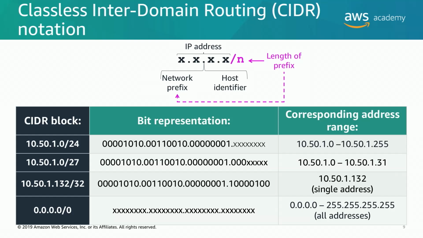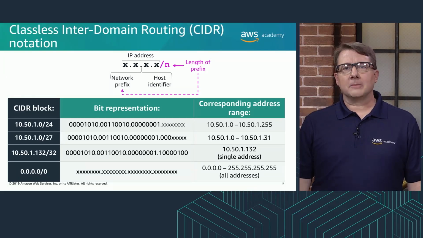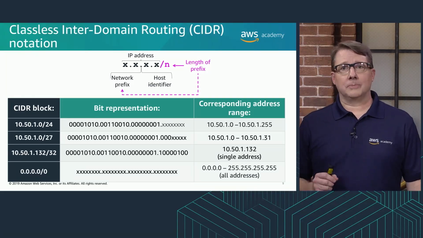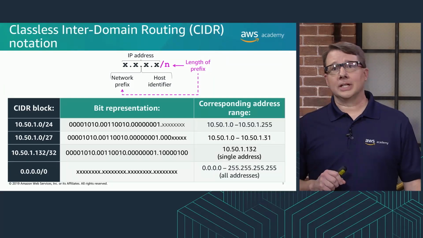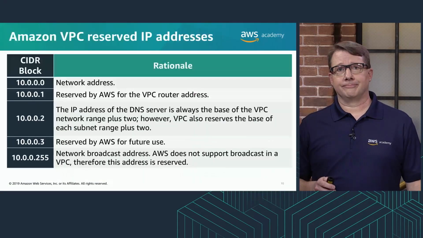In general, the larger the value of n, the smaller the range size becomes, which results in a smaller number of usable IP addresses. The table provides examples of CIDR block ranges, their corresponding bit representation, and their resulting address range.